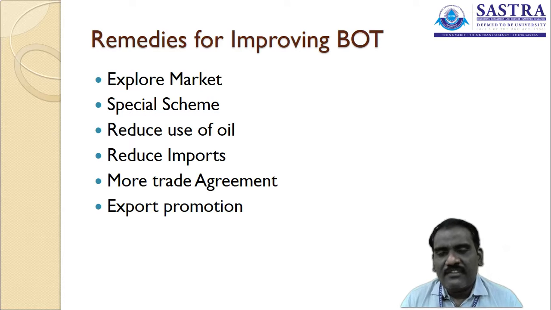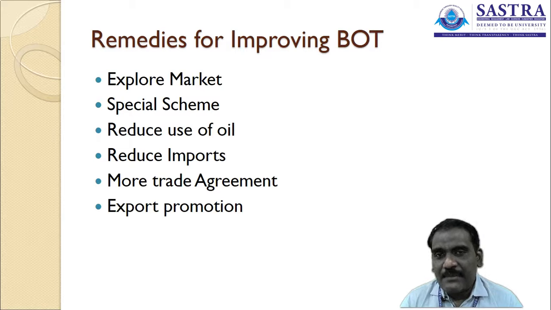The manufacturers are influenced or encouraged to explore additional or new products to be made available in the market, or to make changes in the existing product. Induce them to explore the new market opportunities. They may concentrate on exporting goods. These are the remedies for improving the balance of trade into a favorable condition.